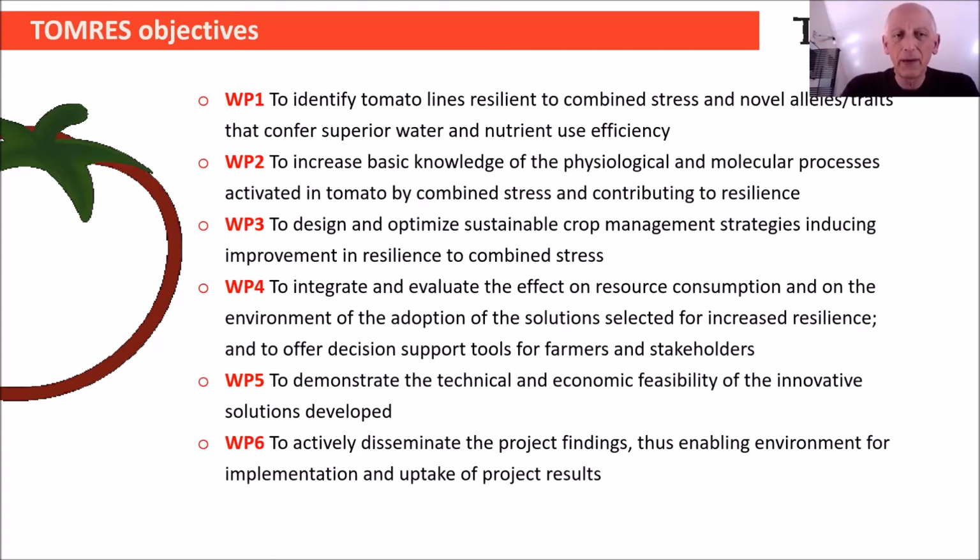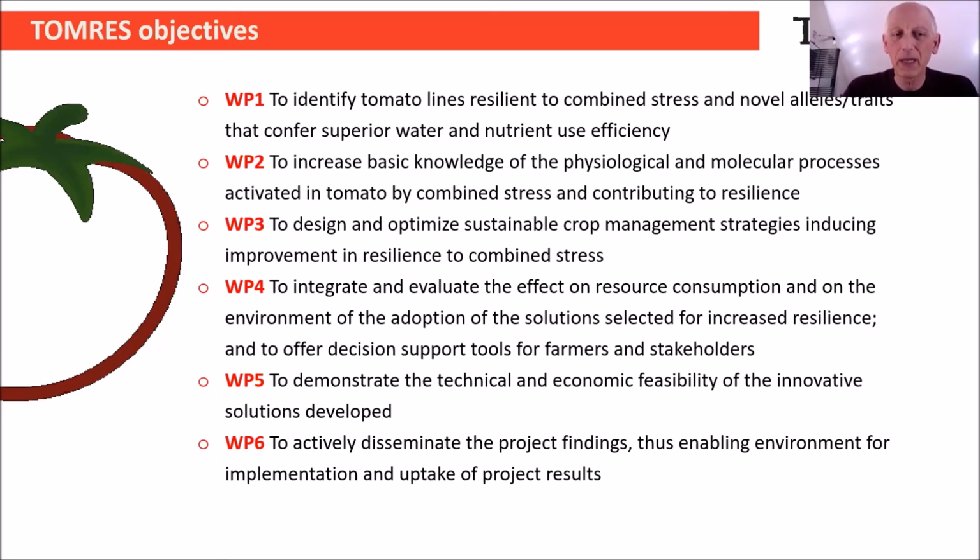Then we have a work package where integration of the data is obtained, and also a general study of the impact of our results on the environment and on agriculture, and also the provision of some tools for farmers that will be described later on.